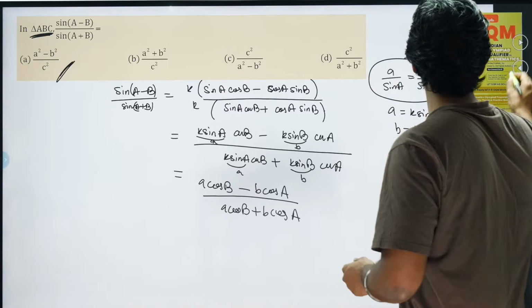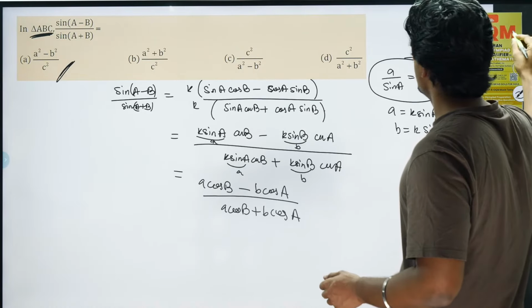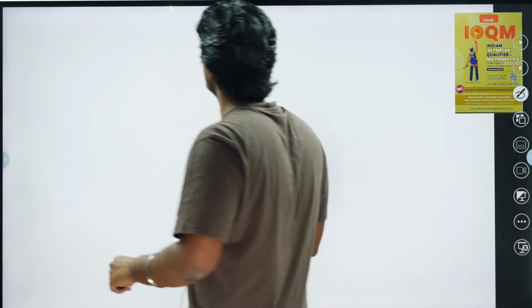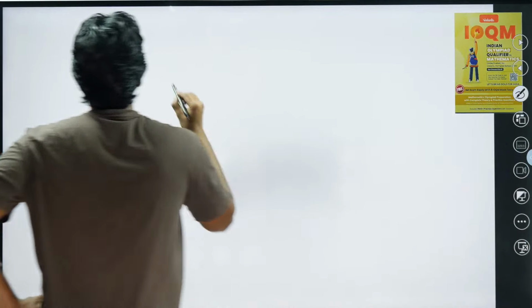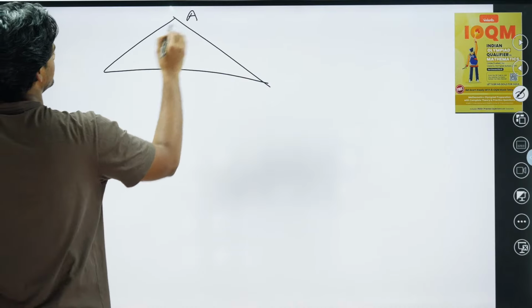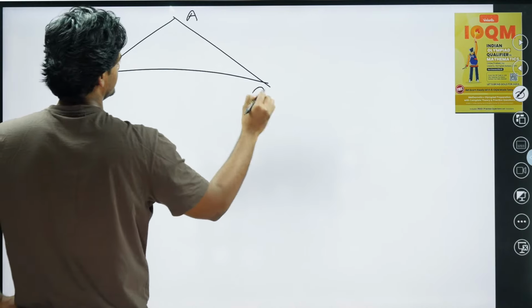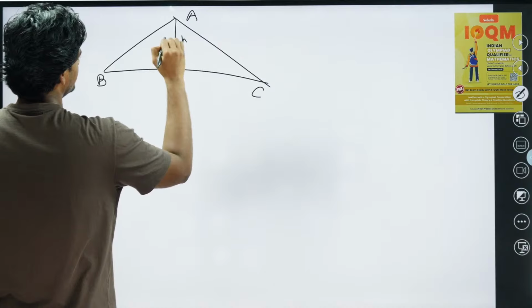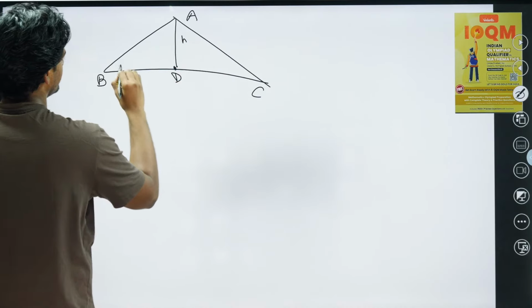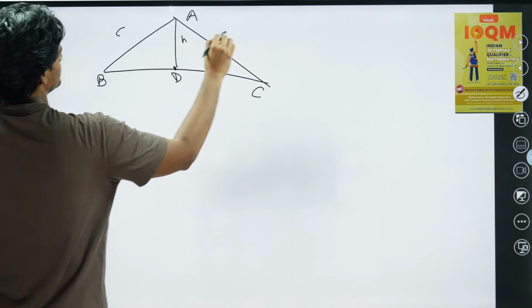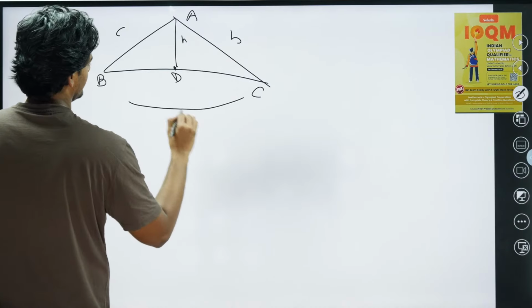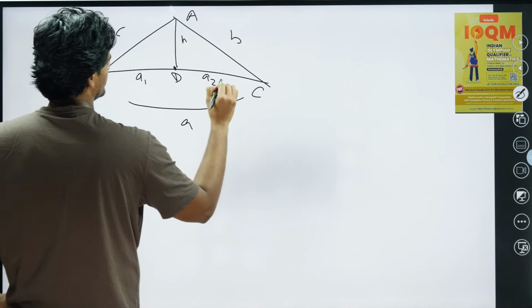There is something called the projection formula. Let me try to show that. This is A, this is B, this is C, and I draw a perpendicular D. So this is c, this is b, this is a, and this is a1, a2.